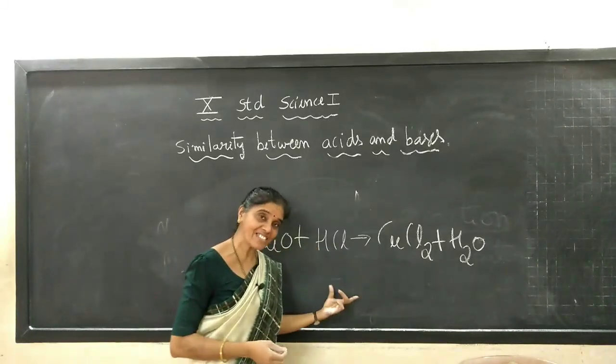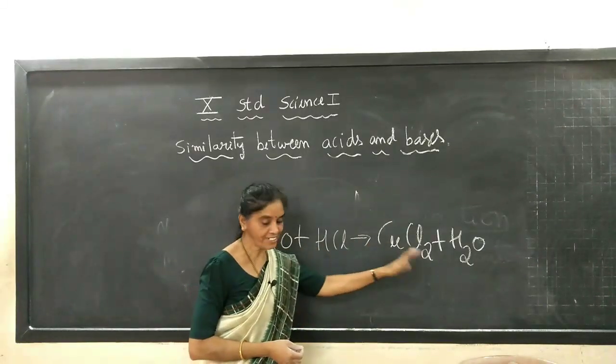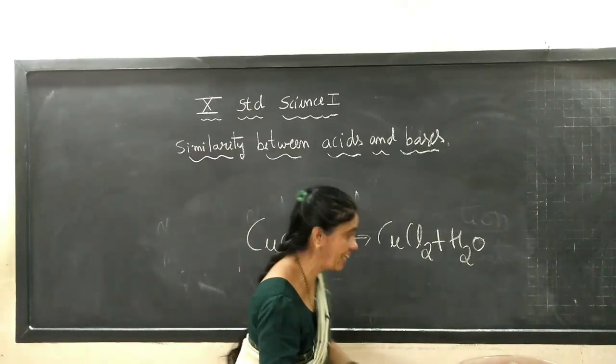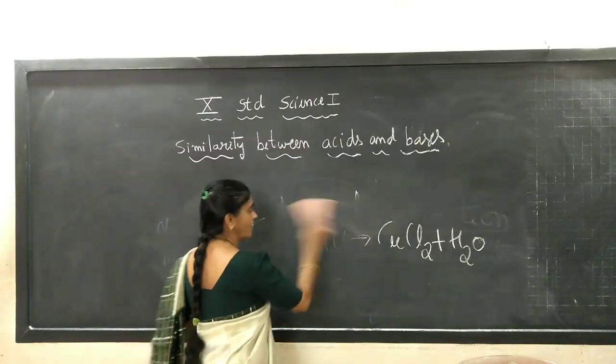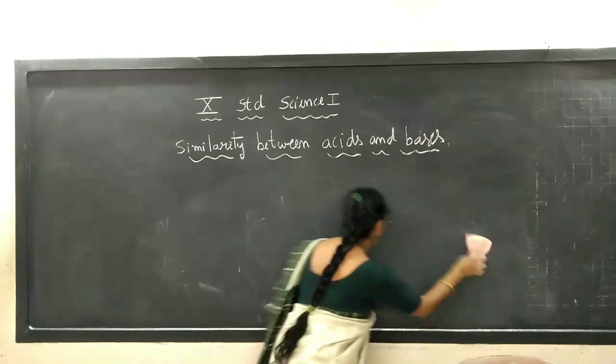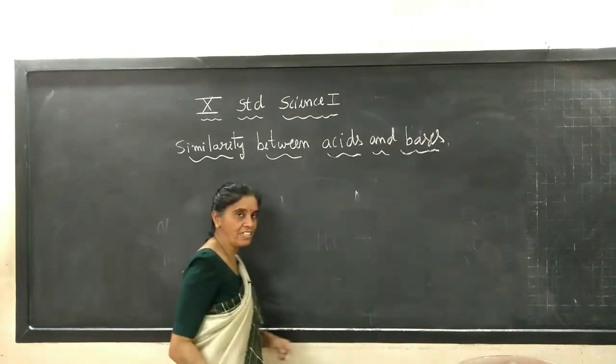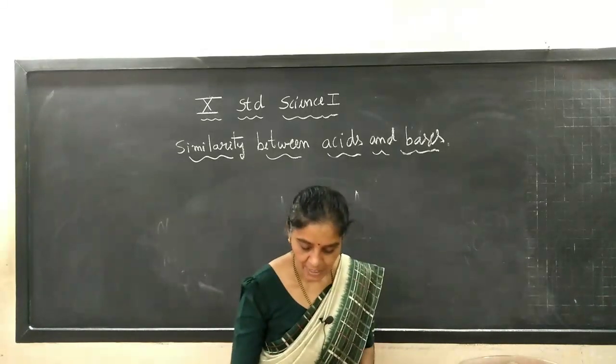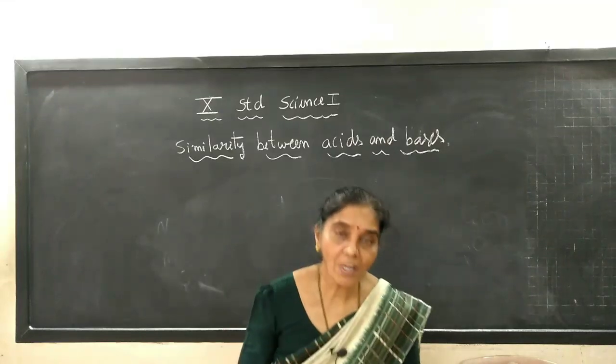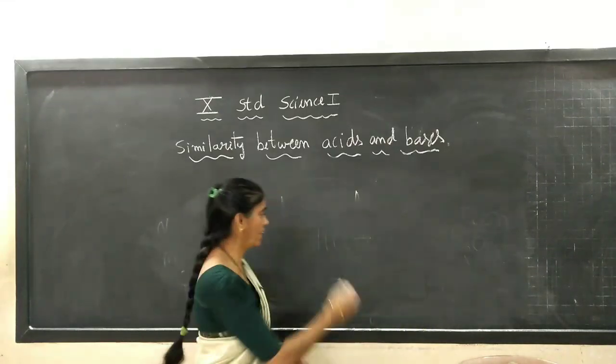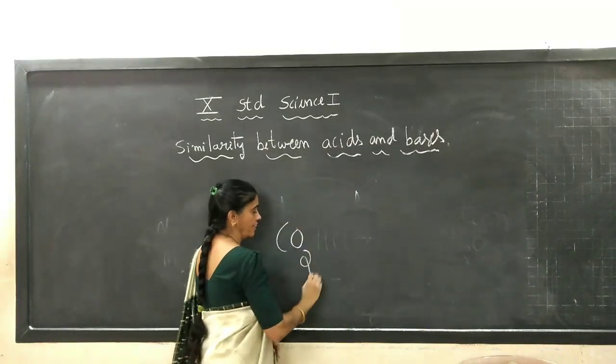So in this way you can say that metallic oxides are basic in nature. Now in the same manner, if you take a non-metallic oxide, carbon dioxide, I will make it react with the, which one now?